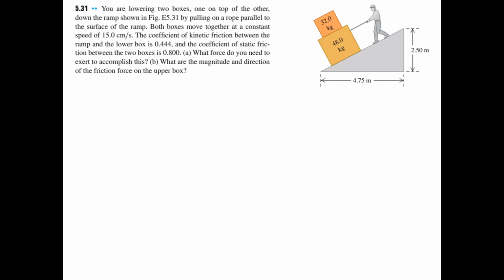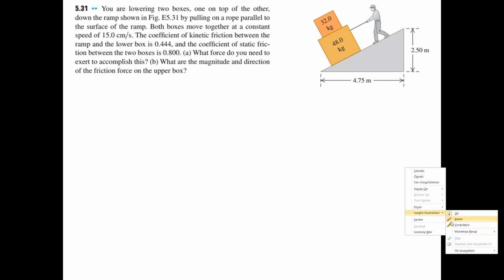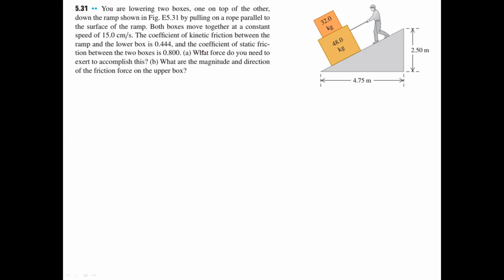Nice. And the coefficient of kinetic friction between the ramp and lower box is 0.444, and the coefficient of static friction between the two boxes is 0.8. So of course, you can easily see that there's a difference between the kinetic and static friction, right?